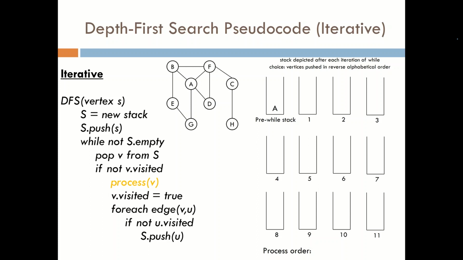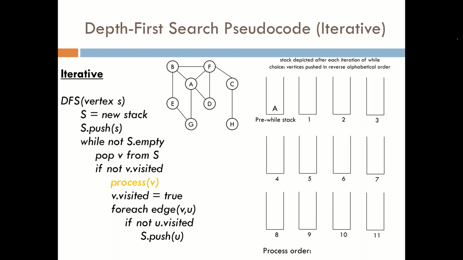So we've made a choice here that we will push the vertices onto the stack in reverse alphabetical order. So for instance, when we visit A, which is connected to B, D, F, and G, we will push G first, and then F, and then D, and then B. We will keep that method throughout, just to be consistent.